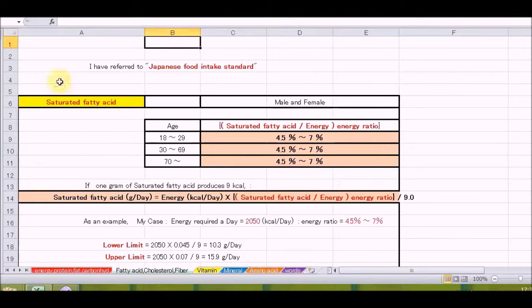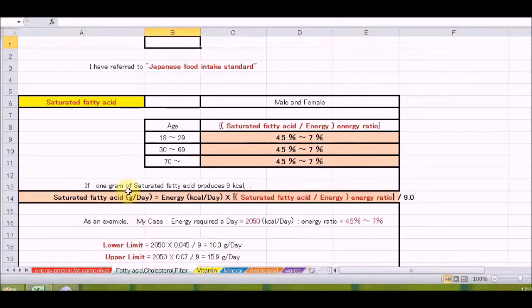Well, saturated fatty acid can be estimated by this table: age, energy ratio, saturated fatty acid by energy.